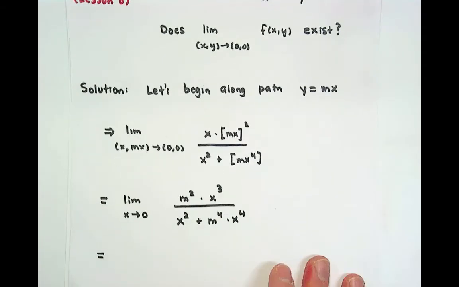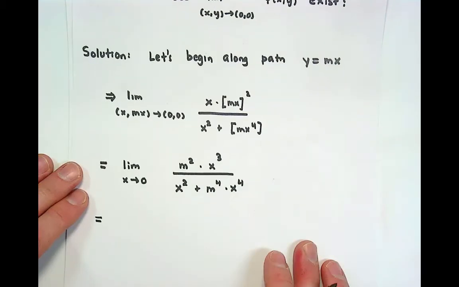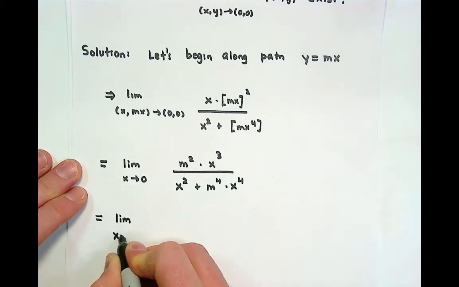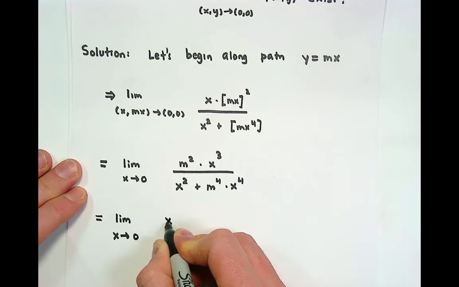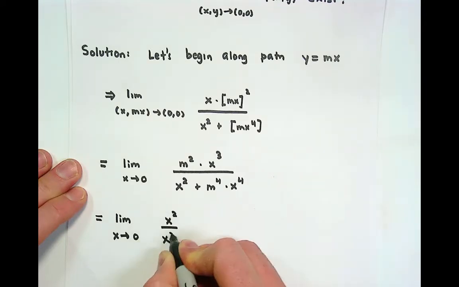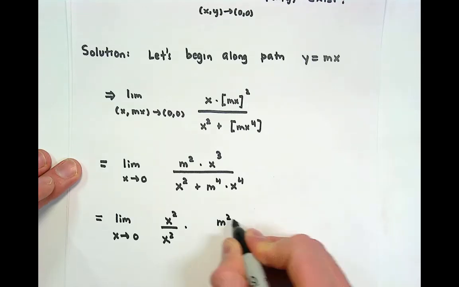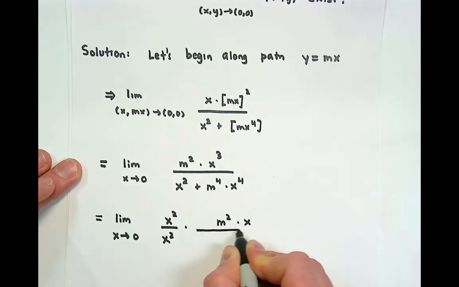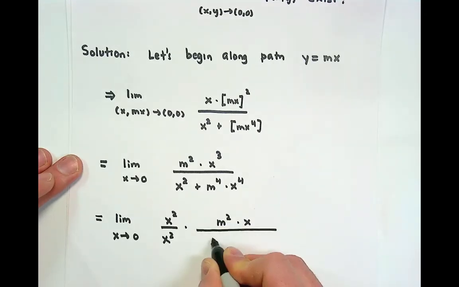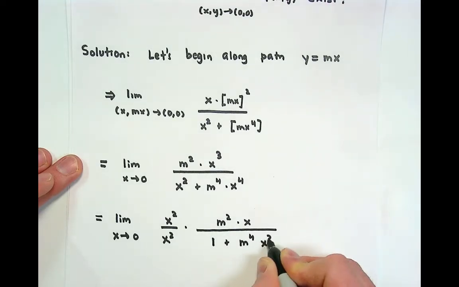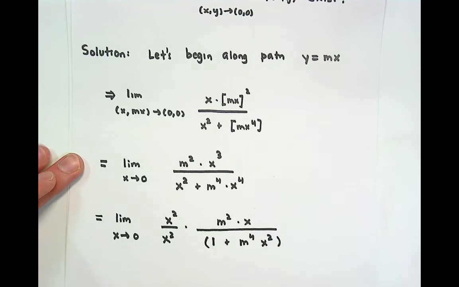We see that in this case, this goes back to our knowledge of Math 1A. I can factor out an x squared in the numerator and the denominator, and I'm left with something like m squared x, all divided by 1 plus m to the fourth x squared.